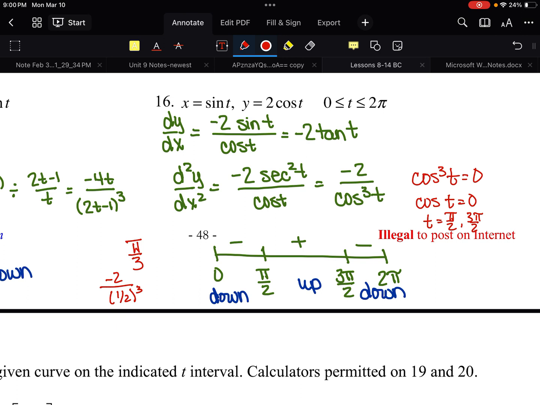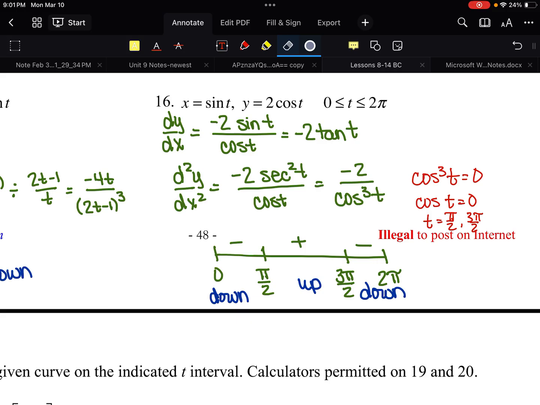I don't care what that works out to. It's going to work out to negative 16. I don't care about the 16. I care that it's negative. I'm going to have a negative divided by a positive. So in that interval, the second derivative is negative, which means that the function is concave down.